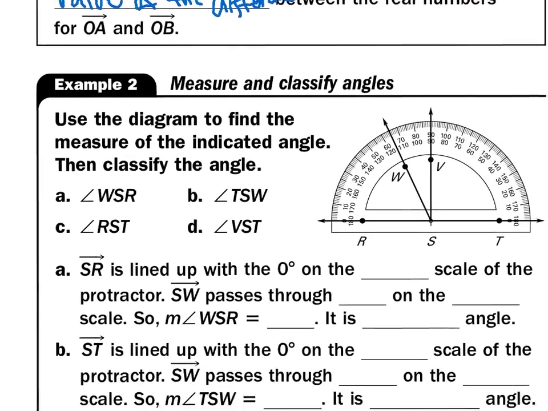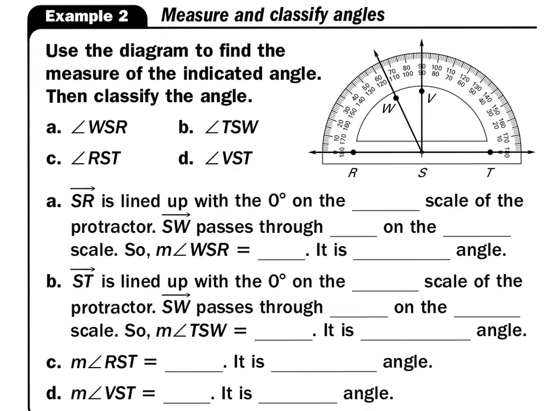Okay, example 2. Use the diagram to find the measure of the indicated angle. Then classify the angle. WSR. You see it? WSR. Okay, so we are measuring from here to here.